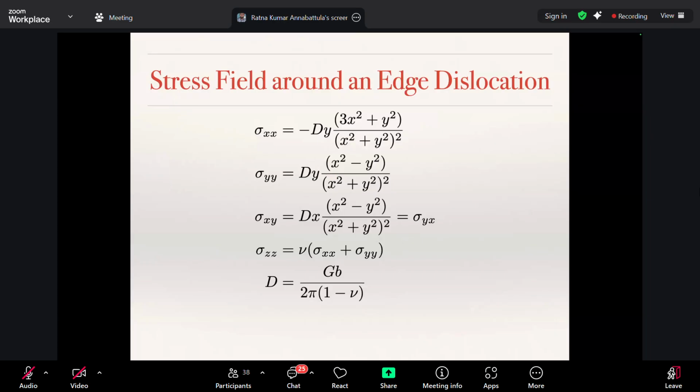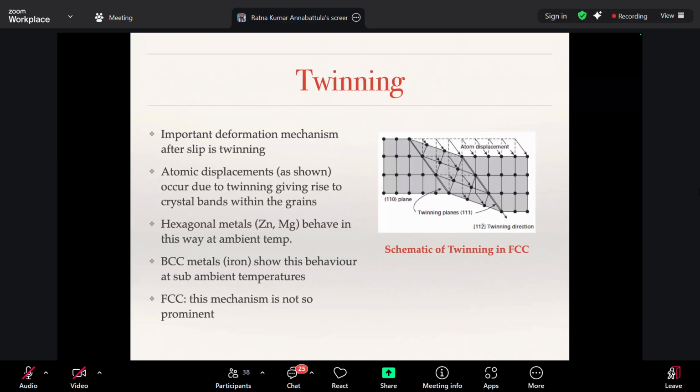But in metals, particularly crystalline materials, you can also have plastic deformation happening through another very restrictive mechanism called twinning. It is a mechanism through which you can also have plastic deformation, which is very different from dislocation motion. And this is one of the most important mechanisms after slip.